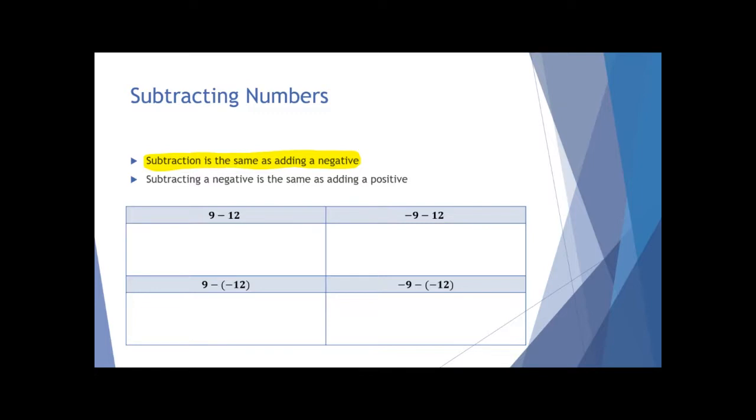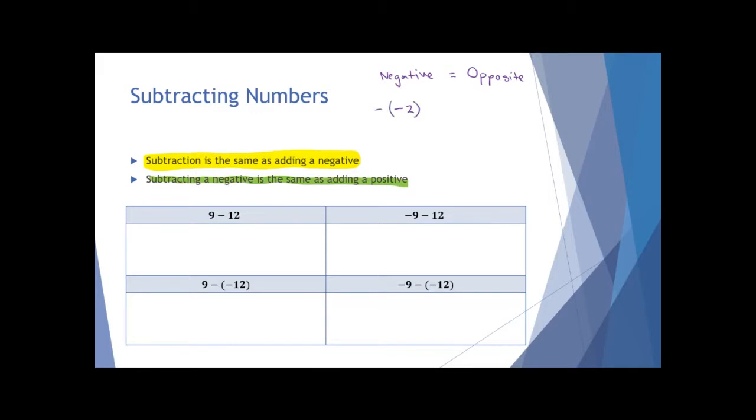The other key thing here is that when you subtract a negative, that's the same thing as adding a positive. And that is because you think of a negative as being the opposite. So if I have a negative 2, that's the opposite of positive 2.